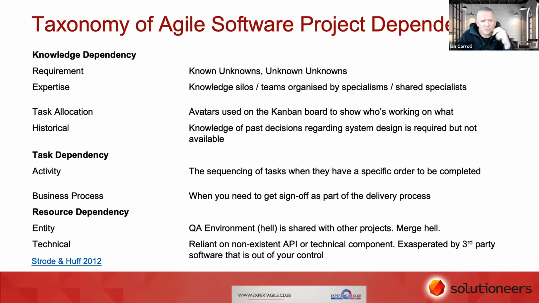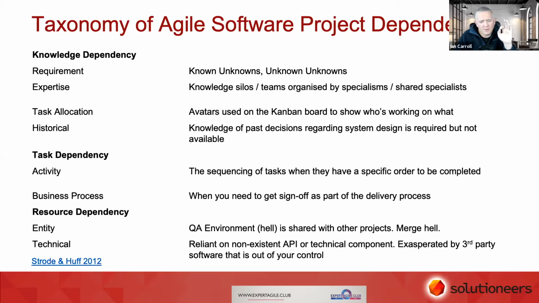You can start to look at your requirements dependencies, your known unknowns, your unknown unknowns. Is it expertise? Is it your task allocation, who's working on what on a Kanban board, for example? So again, it's a really useful document to do a bit of research on. But that's outside of the scope of what we're talking about today, though it's very, very useful.